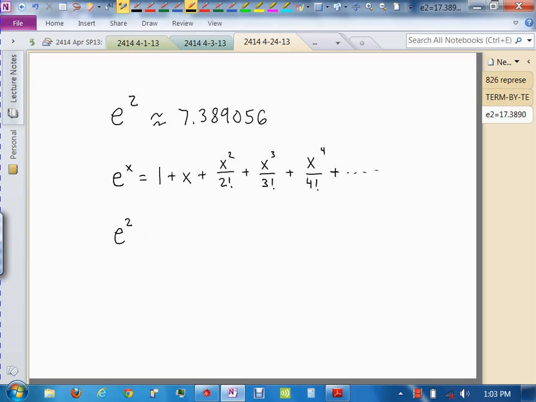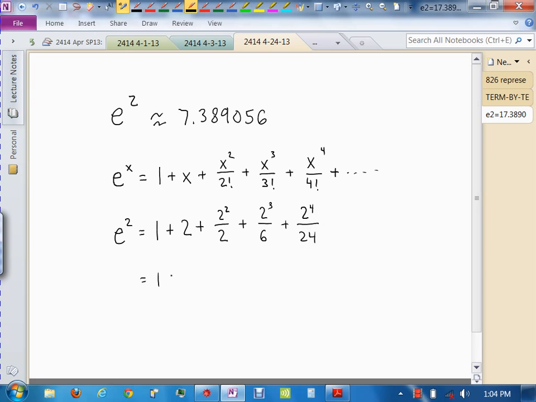Plug in e squared. On your calculator, you're going to have to do 1 plus 2 squared over, what's 2 factorial? 2 times 1, which is 2, plus 2 cubed over what's 3 factorial? 6, plus 2 to the fourth over what's 4 factorial? 24. So do 1 plus 2 plus, what, 2 again?